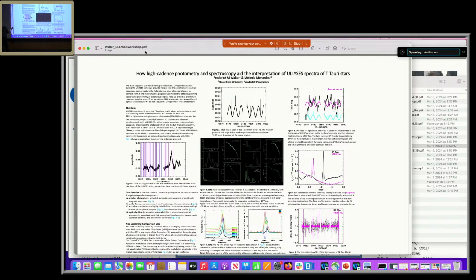And sometimes they do this all at the same time. And then they rotate too, and then they vary on longer time scales, stochastically. So this is what makes it difficult to interpret single snapshot UV observations, or even a series of UV observations over a few rotation periods. We need to put these things into context.